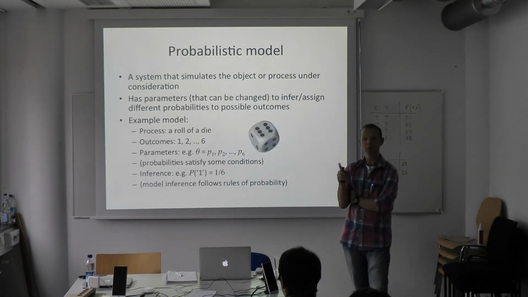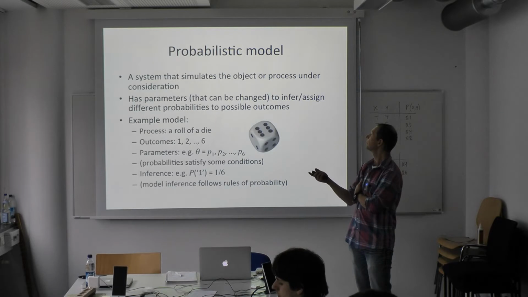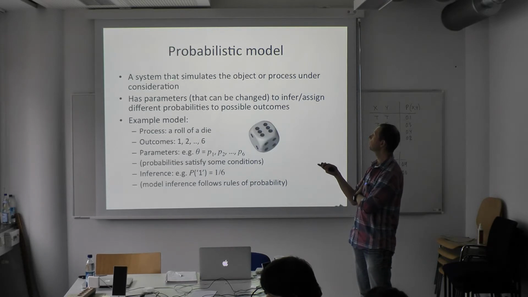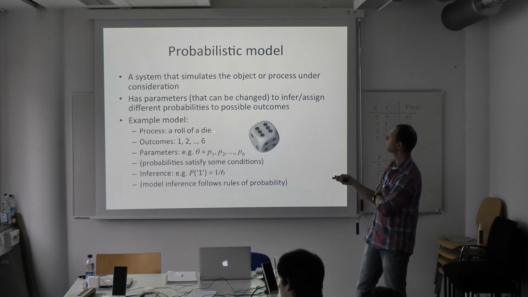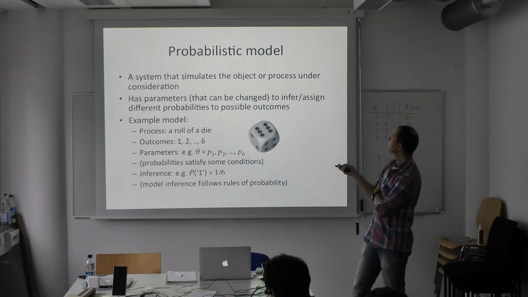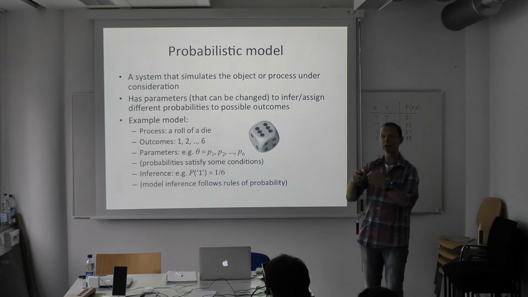So I'll now introduce some probability here, most of which I think you would already have seen in other courses. A probabilistic model is a system that simulates the object or process under consideration. Think of the roll of a die as our example system that we'd like to simulate. We will find parameters to infer or assign different probabilities to possible outcomes. To talk about that, we need to identify all the possible outcomes.